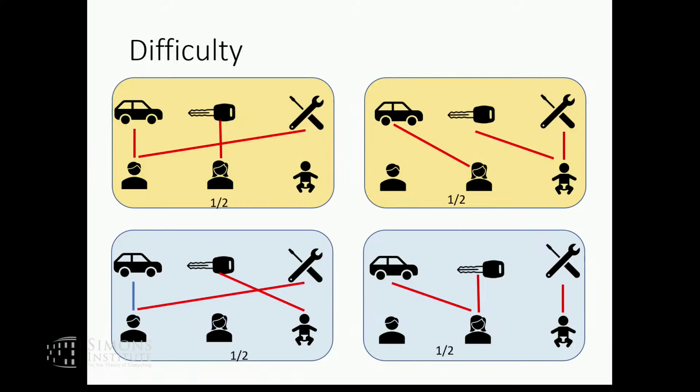She's not going to be happy, right? Another option is I'm getting the car and the tool, the kid gets the key, my wife gets the car and the key, and the kid gets the tool. Maybe reasonable, but I really have to convince my kid that his utilities are additive, which might involve a lot of tears. So implementation here in this example is not possible unless we assume some structure about the utility functions, in particular additive in this case.